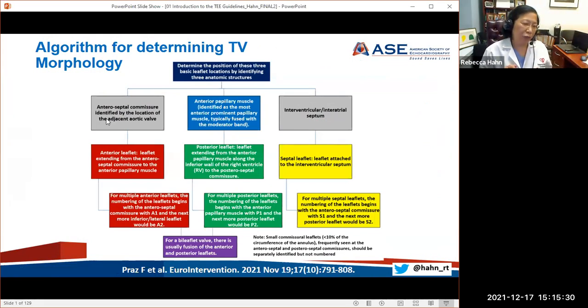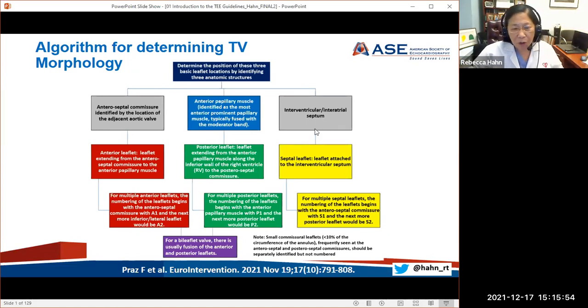It's a very constant anatomic location for that commissure. And therefore, that's why we want to start the counting from the anteroseptal commissure. And then when you find the anterior papillary muscle, that separates out the anterior from the posterior valve leaflets. And then when you see the interventricular septum, that's what tells you that's a septal leaflet.